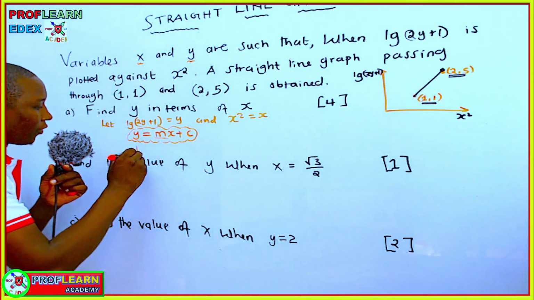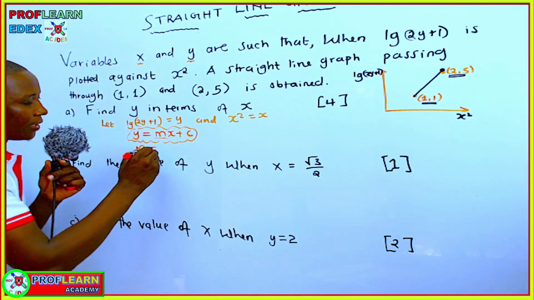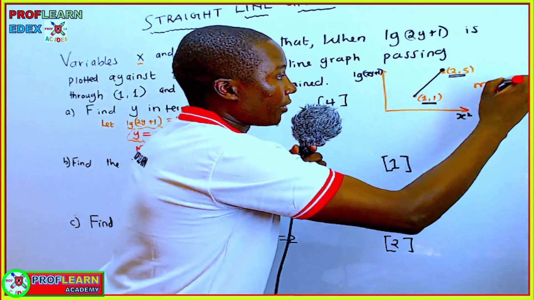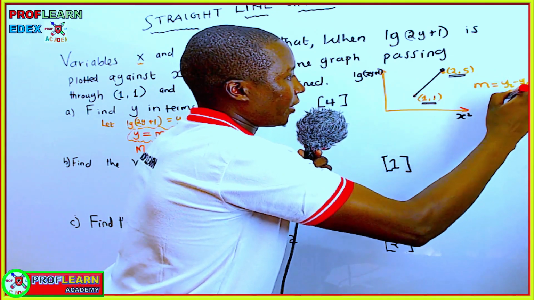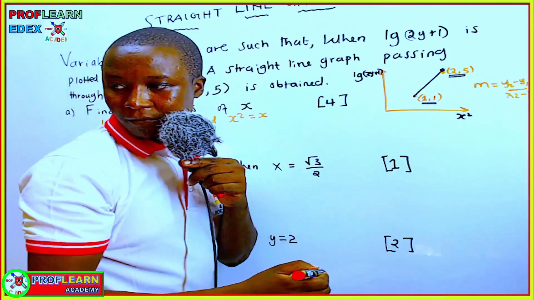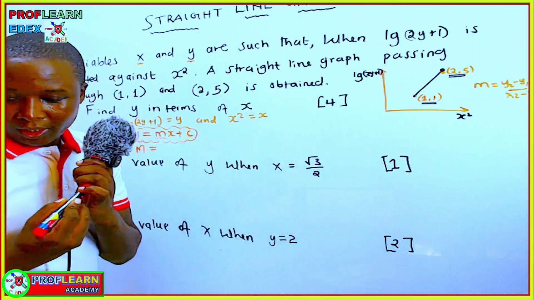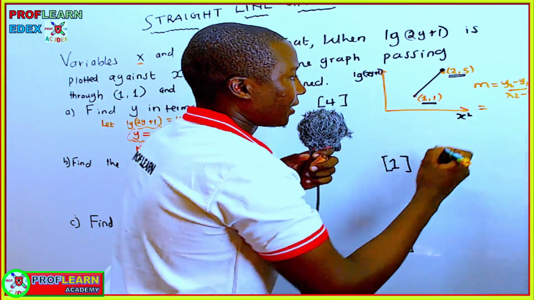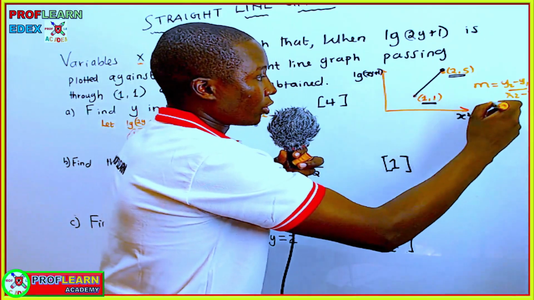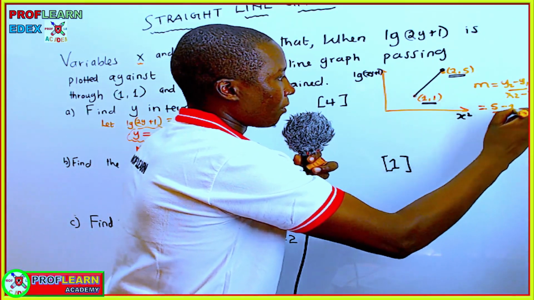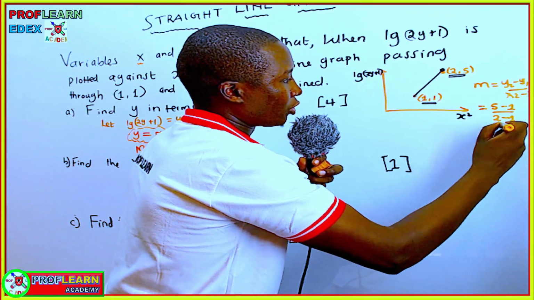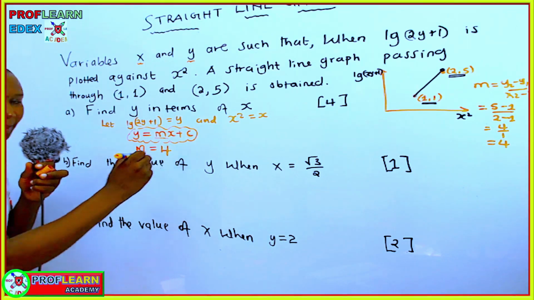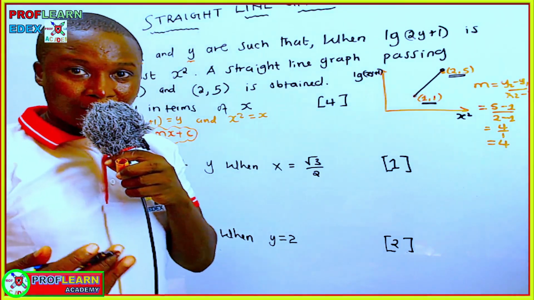The gradient m is y2 minus y1 over x2 minus x1. I believe you remember that, right? So our gradient m is going to be 5 minus 1 over 2 minus 1, which is 4 over 1. So the gradient is 4, meaning our m is actually 4. You have found the gradient.